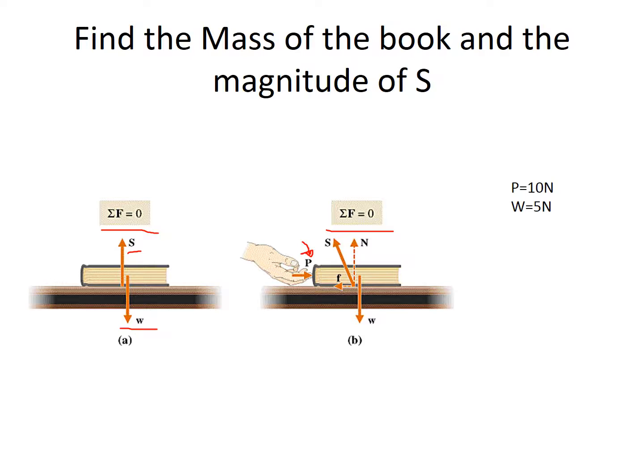So we're pushing the book towards the right with this force P. The book is being pressed against the table, and the table is pressing up against the book with a normal force, in this picture labeled with a big N. Sometimes the Greek letter eta is used, depending on what source you're using from a textbook or online.